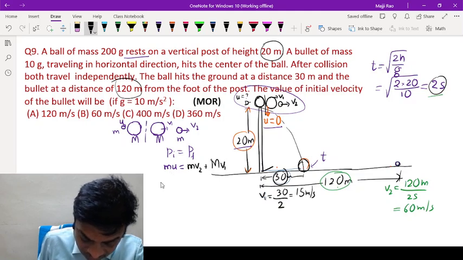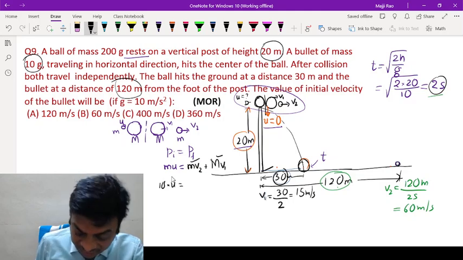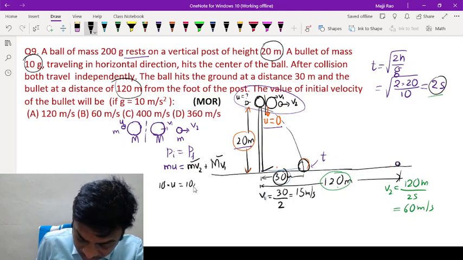So mass of the bullet is 10 gram. So 10 gram, initial velocity we have to find. Remember, we are putting masses in grams, so no need to convert into kilogram because on both sides the conversion factor will anyway get cancelled. Okay, so V2 is 60 and this is 200 gram, V1 is 15.